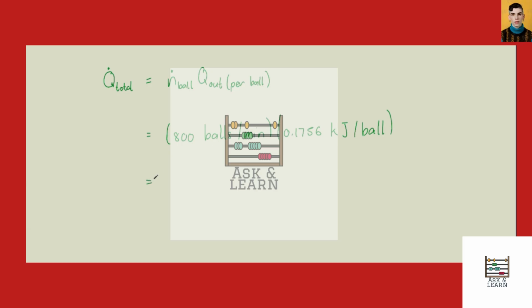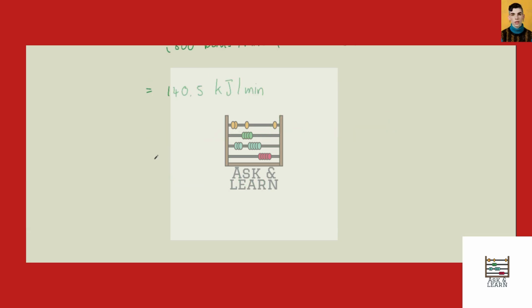Hence, we get the rate at which the ball bearings lose energy to the surrounding air is 140.5 kilojoules per minute. So if we convert this to seconds, we get this to be 2.34 kilowatts.